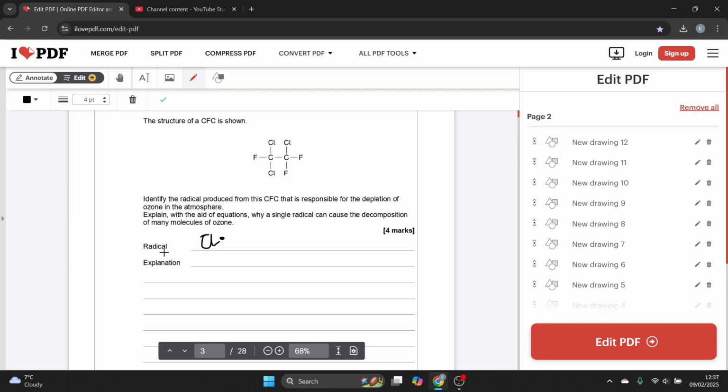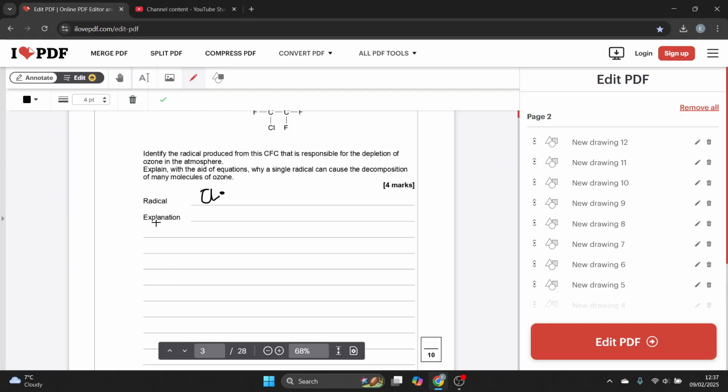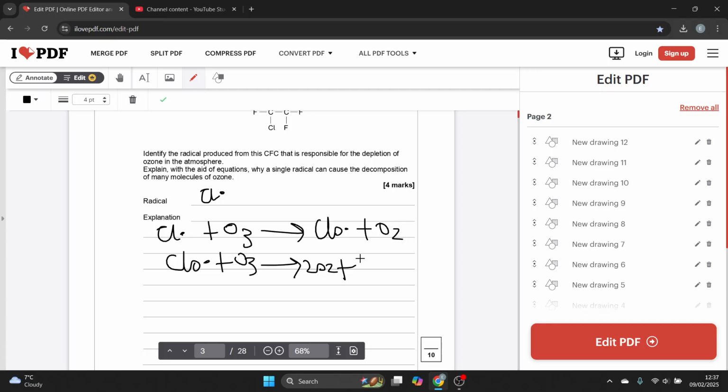Identify the radical produced from the CFC that's responsible for the depletion of the ozone in the atmosphere: Cl dot. Explain with the aid of equations how a single radical can cause decomposition of many molecules of ozone. Cl dot plus O3 gives ClO dot plus O2; ClO dot plus O3 gives 2O2 plus Cl dot. Now you just need to memorize this off by heart.